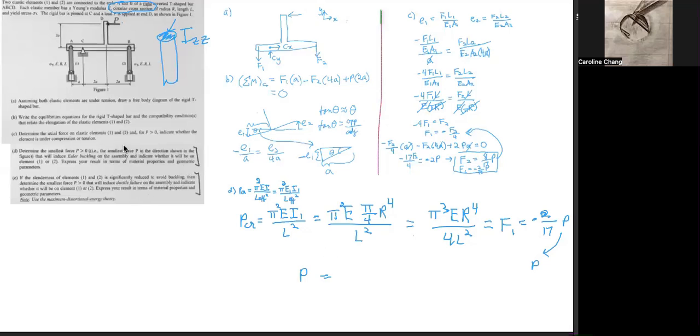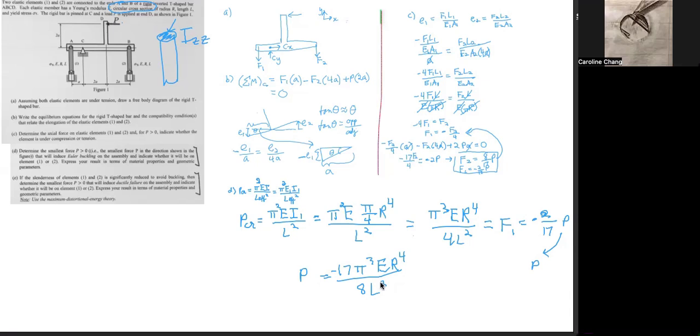So the P value will be equal to -17 pi cubed times E times r to the power of 4 over 8L squared. And since they want the smallest force P, they want the magnitude.